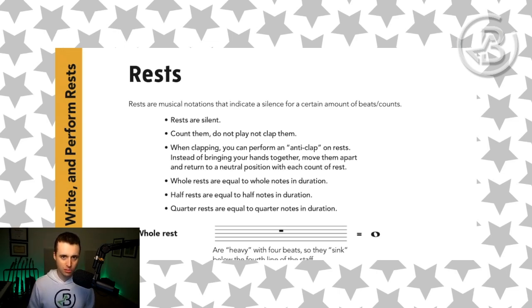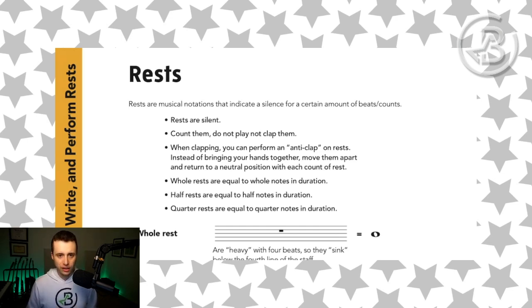And rests in music are symbols that show us silence. And the different symbols mean different durations of silence. So just like we had rhythmic value for notes, so a quarter note was worth 1 beat, a half note worth 2, and a whole note worth 4, we're actually going to see we have a similar thing show up in rests.